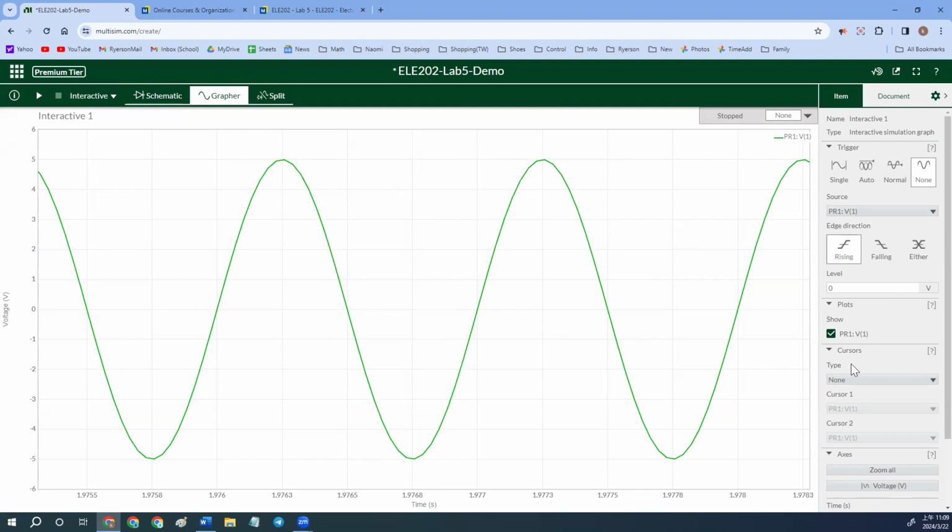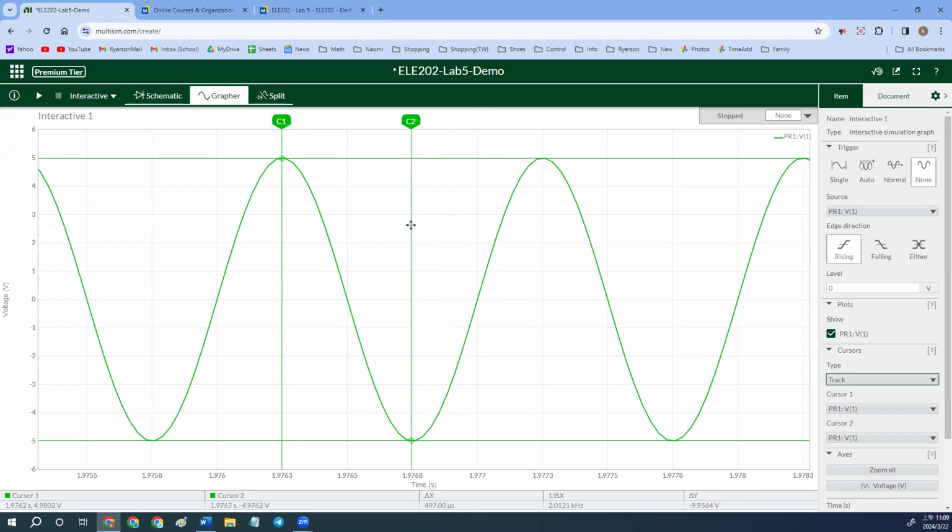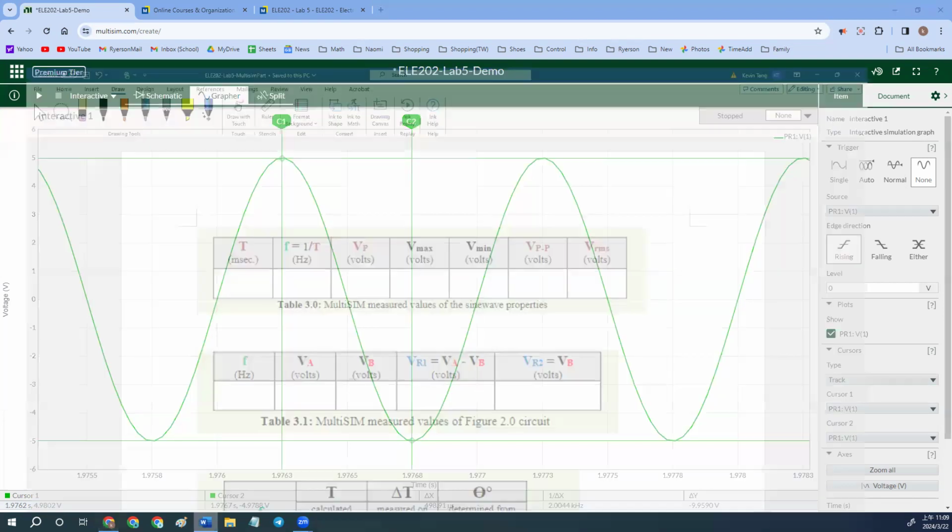Next thing you're going to check is on the right portion, where it says cursor. There are a few types: x-axis, y-axis, and track. I'd like you to choose track. Now this is cursor number 1, which I'm going to put at the maximum, and we're going to put cursor number 2 at the minimum. You can see one value is 4.9802, so I'm going to write it.